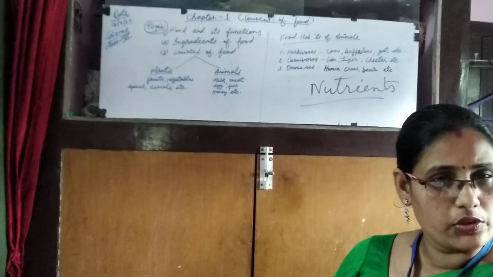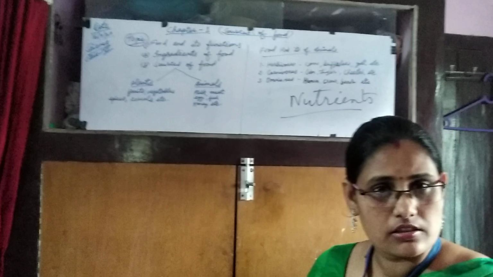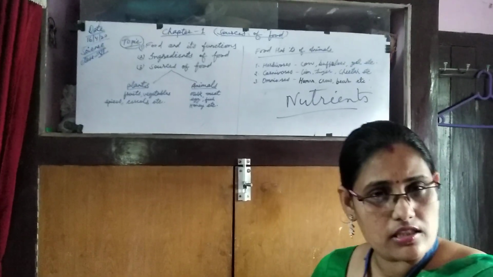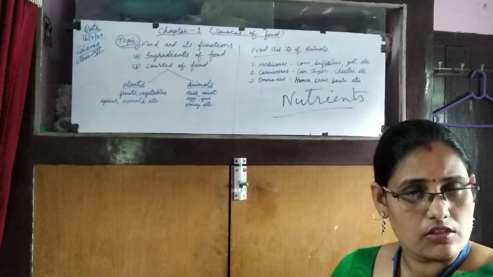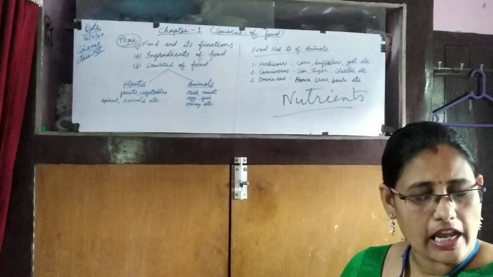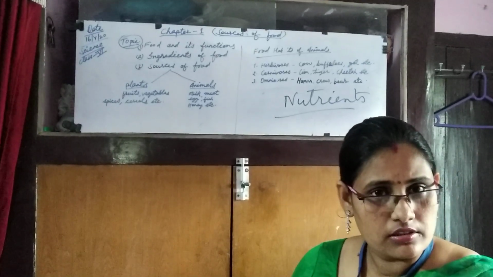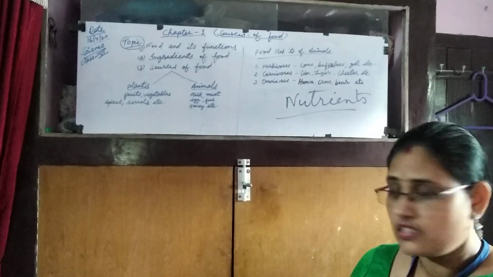There are some certain nutrients in the food like carbohydrates, proteins, fats, vitamins, roughage, water, iodine, calcium, etc.